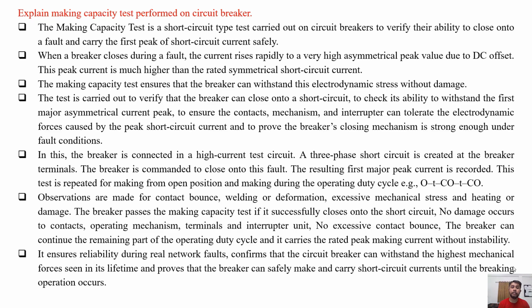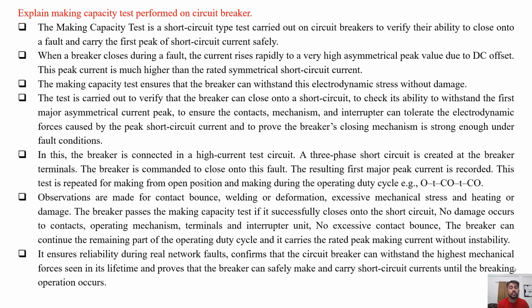Observations are made for contact bounce, welding or deformation, excessive mechanical stress, and heating or damage. The breaker passes the making capacity test if it successfully closes onto the short circuit, the breaker can continue the remaining part of the operating duty cycle, and it carries the rated making current without instability.